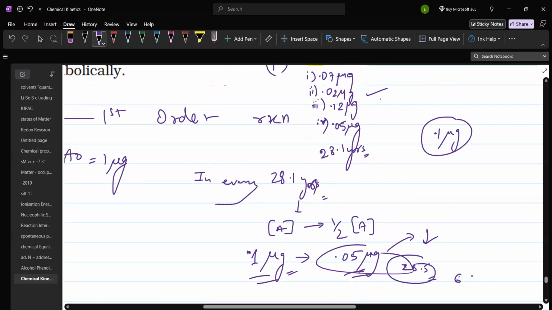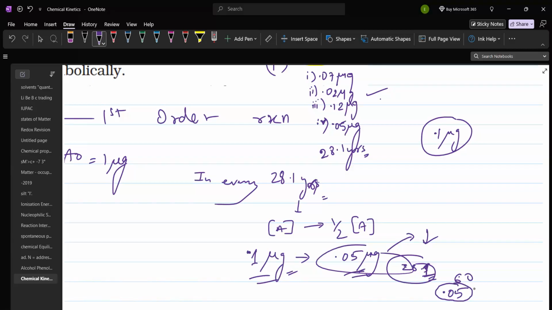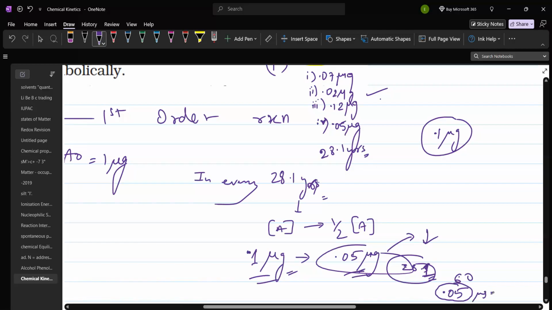So for 60 years, the reactant concentration will be lesser than 0.05, right? 28.1 years, right? Yes. So it would be less than 0.05 microgram. Yes or no?